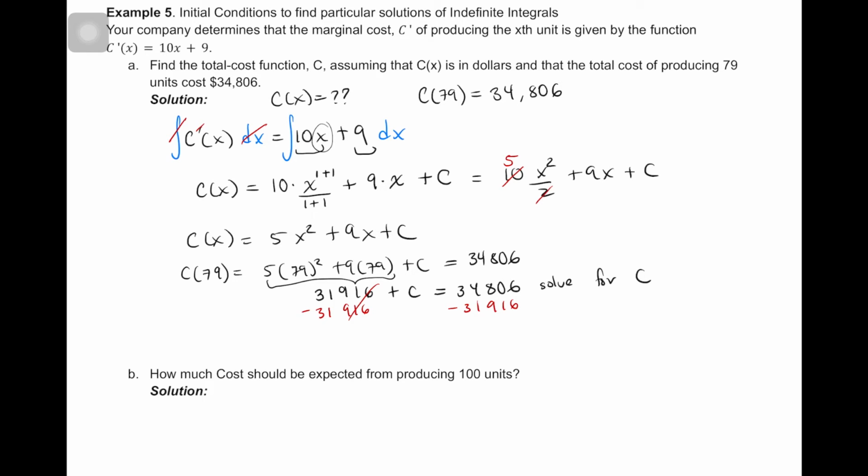That leaves us with c equal to 34,806 minus 31,916, which gives us 2,890. So that means the total cost function is 5 times x squared plus 9 times x plus $2,890.